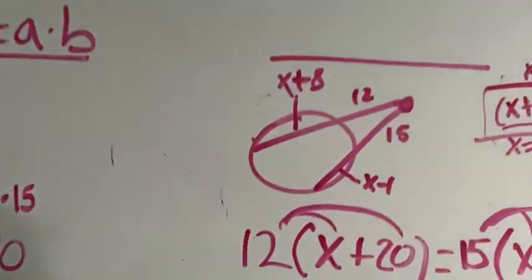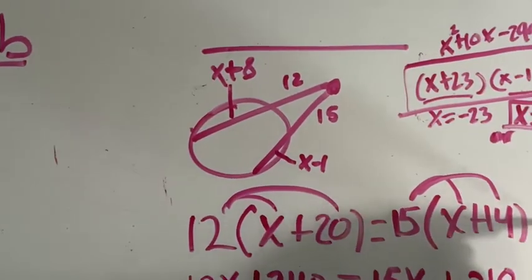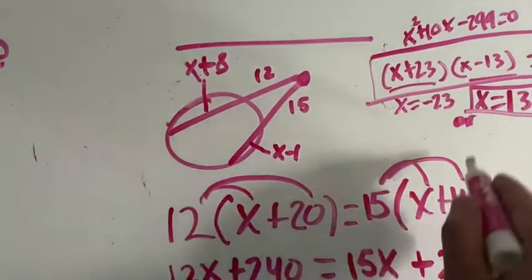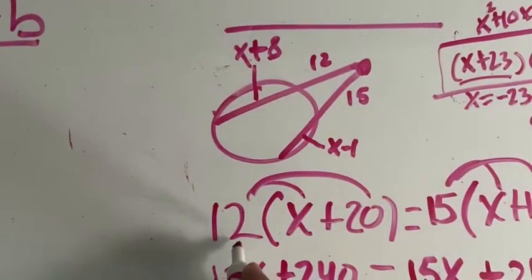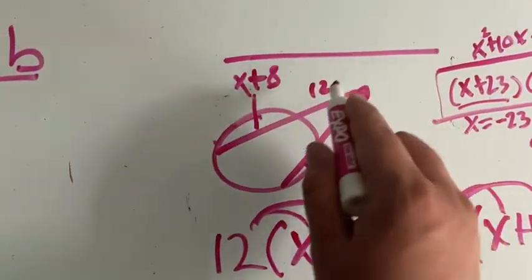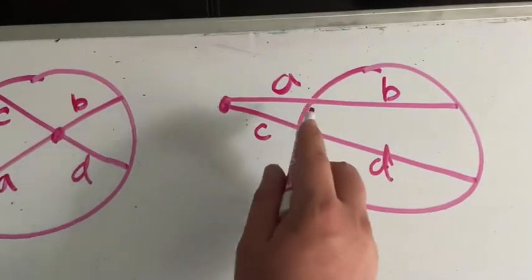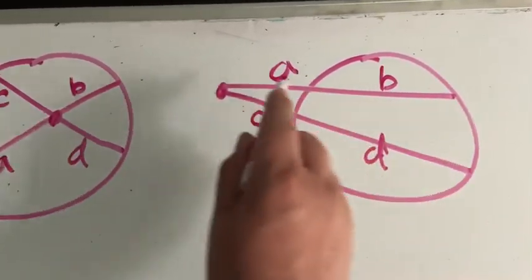What was the first thing we ended up doing? Well, looking at this right here, we multiplied 12 by the entire secant line, okay? Similarly, if I look at this A, I want to multiply this A by the entire secant line.